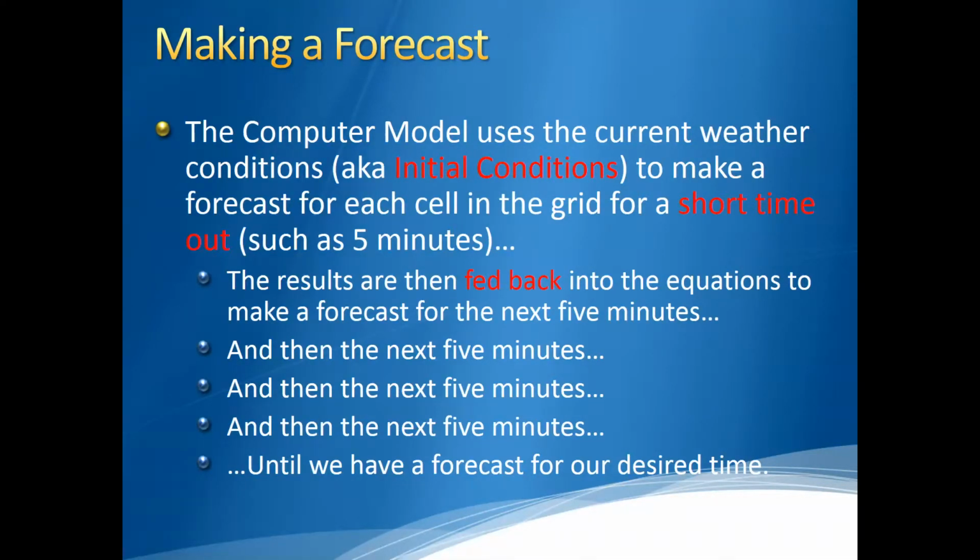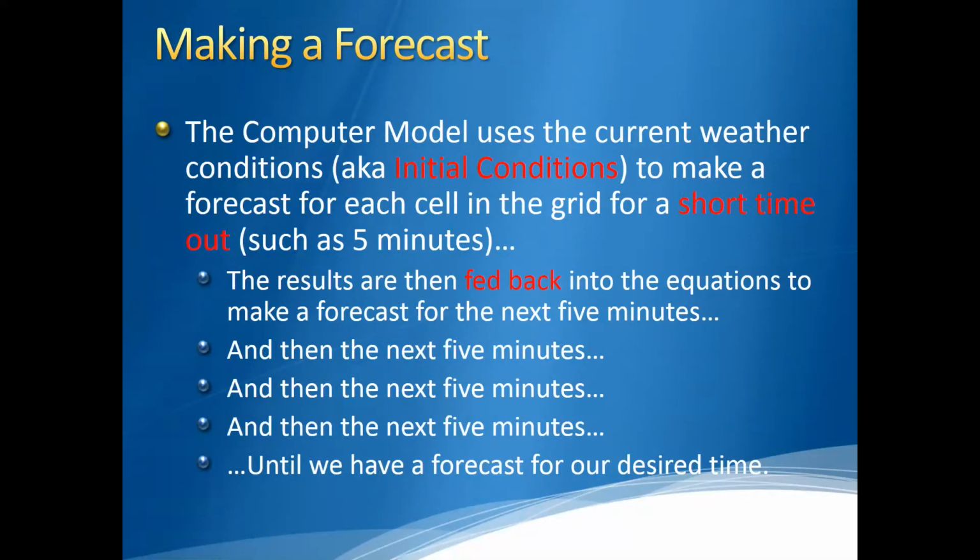Now the good news is making a forecast for 5 minutes out is probably going to be pretty accurate. Even 10 minutes out, 15 minutes out, 20 minutes out. However, the longer out you go, the less accurate the forecast is going to be. You're going to have some kind of error, and then that error is going to be fed back into the model, and so it's going to become greater.